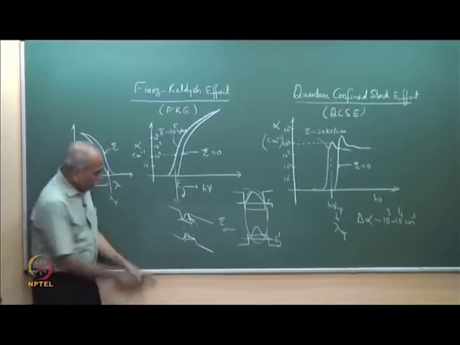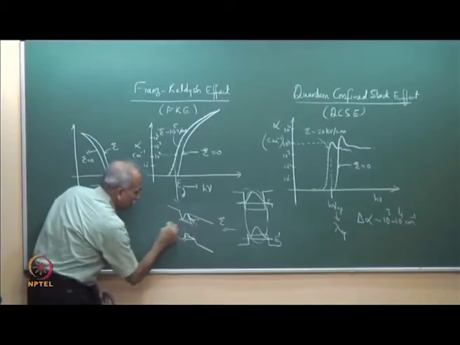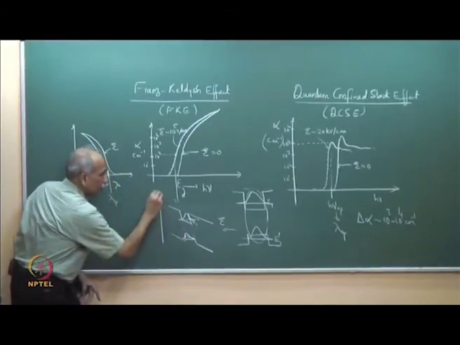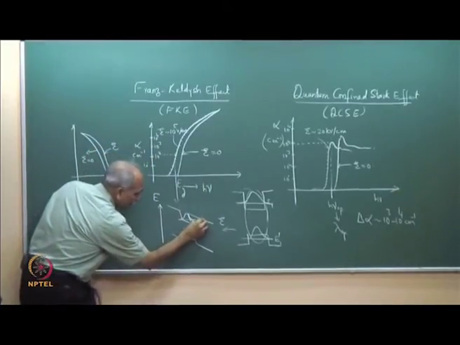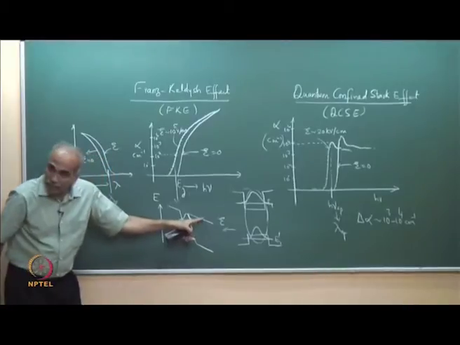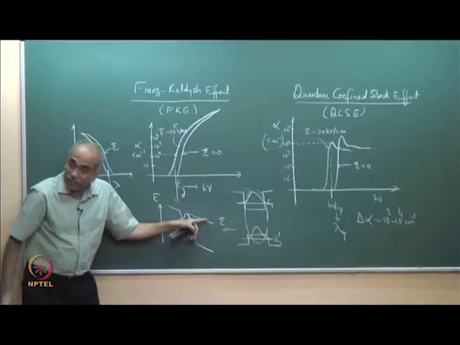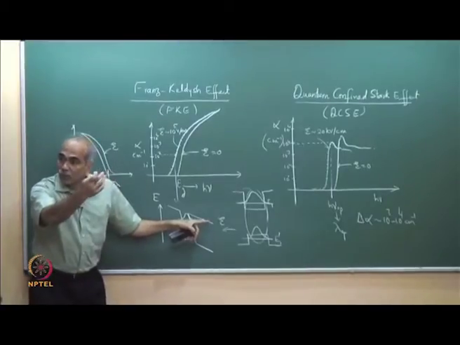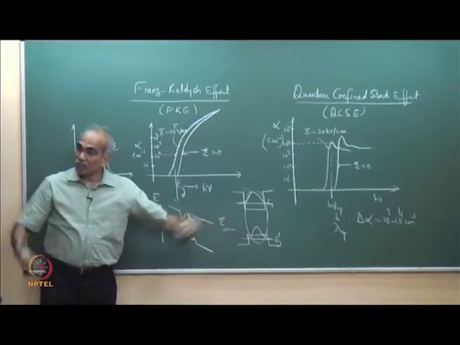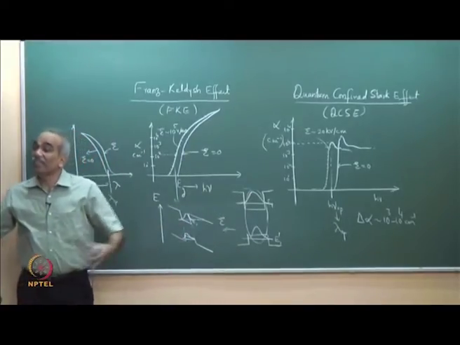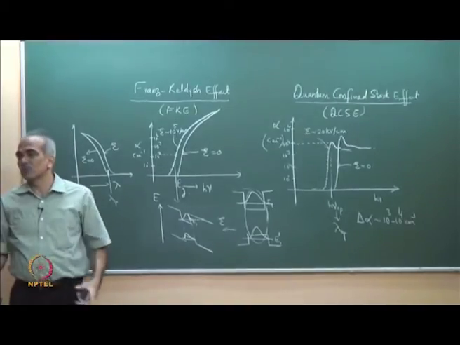But the moment the band comes down, please see here, the vertical axis is energy, and corresponding to this value of E there is a state, and an electron of this energy can tunnel out. So there is an increased probability of dissociation, and therefore the excitonic peak goes down.